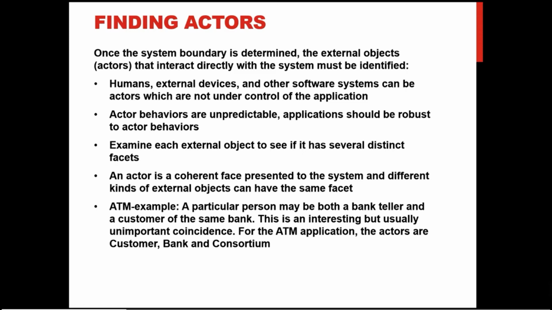It means the same object can have different facets. The bank will communicate with the ATM application to process the transactions and so on. And the consortium will communicate with the bank and the customer, because the ATM application is usually connected with the consortium directly, and then the consortium will clear the transaction with each bank or with different banks.